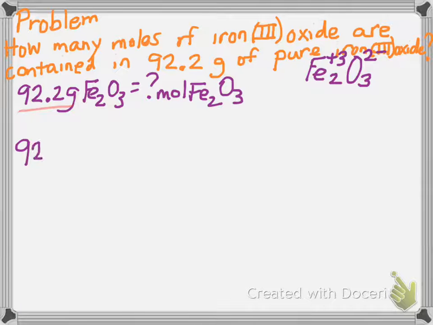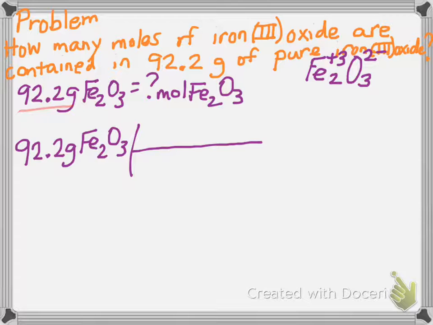So I'm starting with 92.2 grams of iron 3 oxide. Grams are in the numerator, which means grams have to be in the denominator now. And moles are going to be on the top. This is my molar mass conversion factor that I'm using.